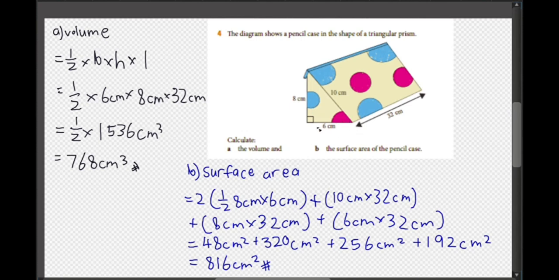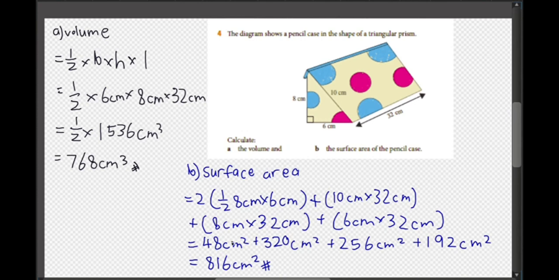Now we need to calculate the area of the bottom face. Here the length is 6 cm, so we take 6 cm times 32 cm. As you can see, we have a total of 5 faces together: 1, 2, 3, 4, 5.